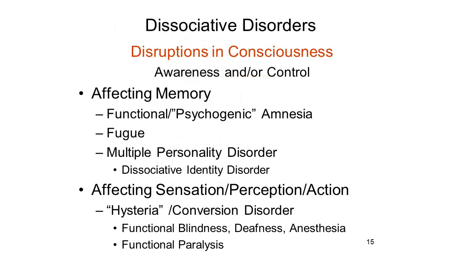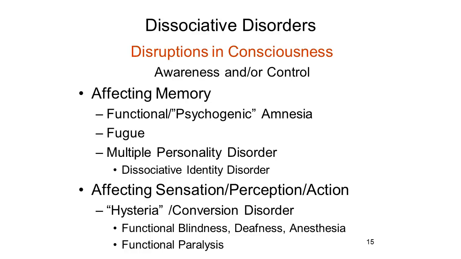Next are the dissociative disorders, pretty rare but very, very interesting theoretically, in which there's a disruption of conscious awareness and/or conscious control. Dissociative disorders come in two broad types, those that affect memory function and those that affect sensation or perception or voluntary action.